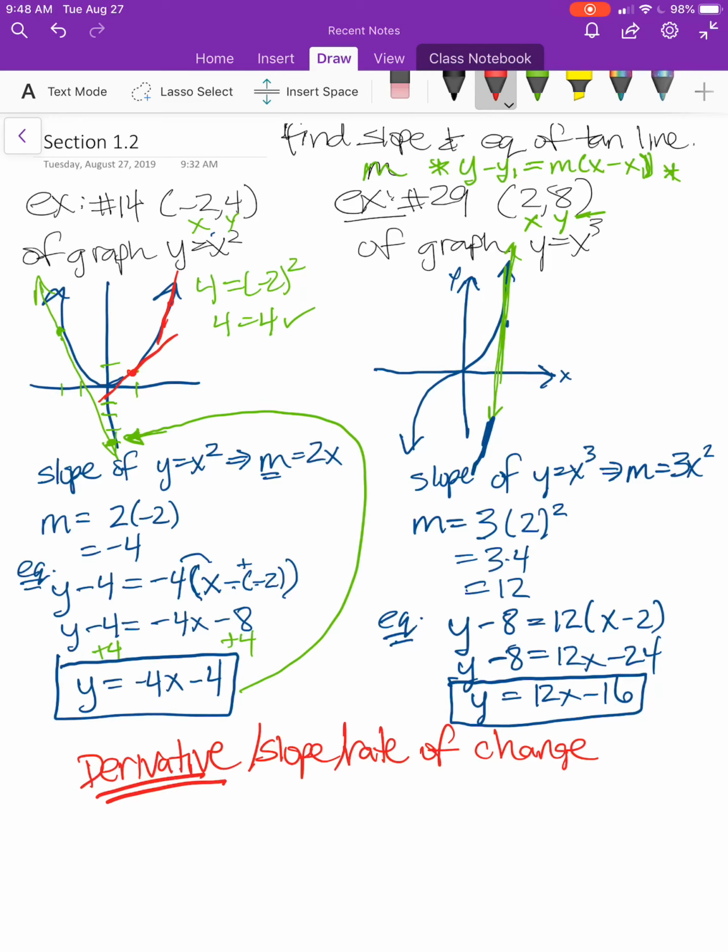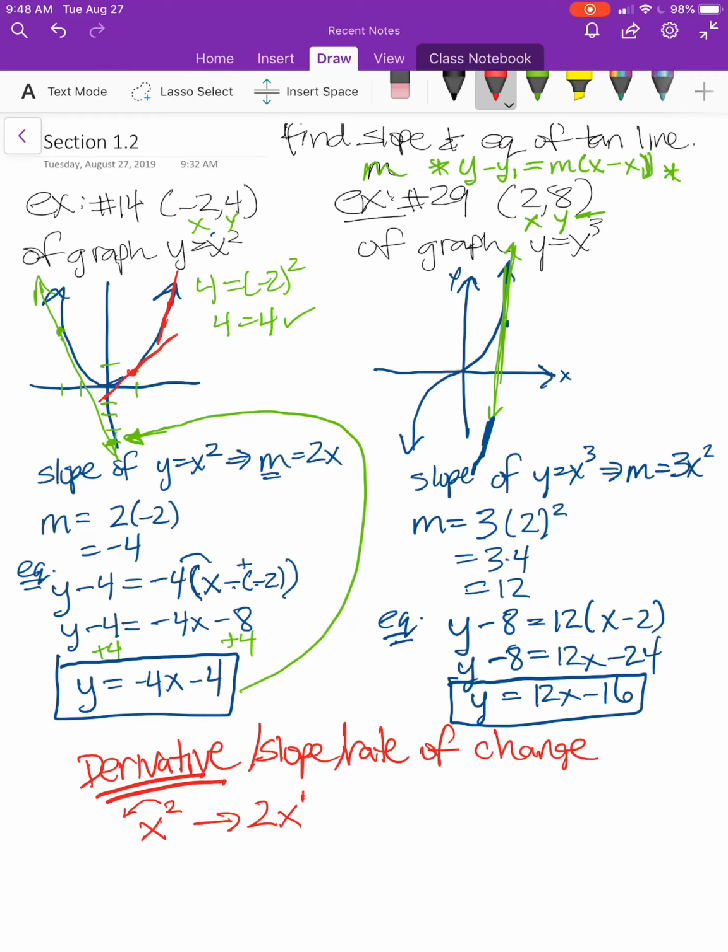For these monomials we had above, I'm going to call it the derivative even though we said it's a slope equation. Notice the x squared became 2x. The derivative of x squared is 2x. What we did is we brought this exponent down and subtracted 1. So bring the 2 down, and that's x to the 1, which we don't need to write.